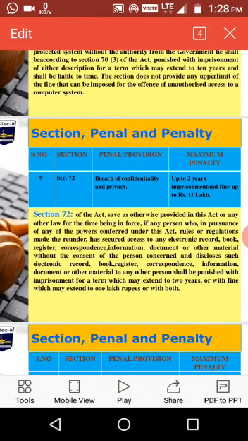Offense of breach of confidentiality and privacy, according to section 72.